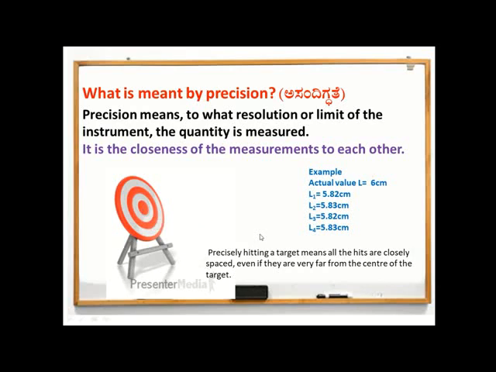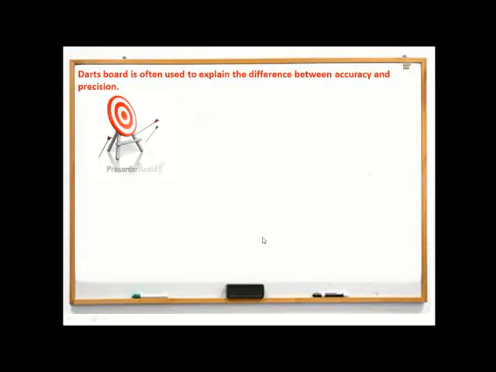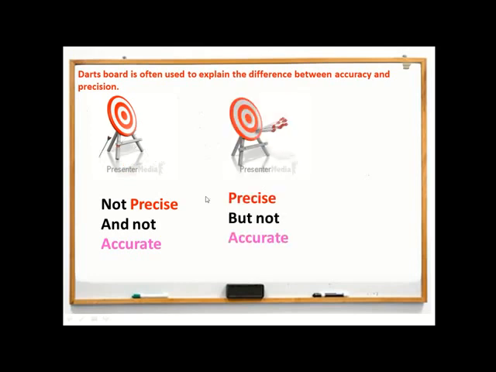Okay, this is the meaning of precision. So precise, not accurate. See, this dartboard is often used to explain the difference between accuracy and precision. You can see the differences clearly in these pictures. In the first case, none of the arrows thrown hit the target, so it is neither accurate nor precise. In the second case, all hit the same point but do not reach the target, meaning it is precise, close to each other, but not accurate.